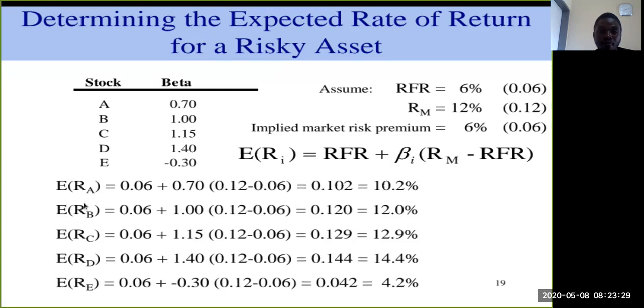Doing the same for all the firms up to E, you will see that these are the expected returns that you'll be getting.